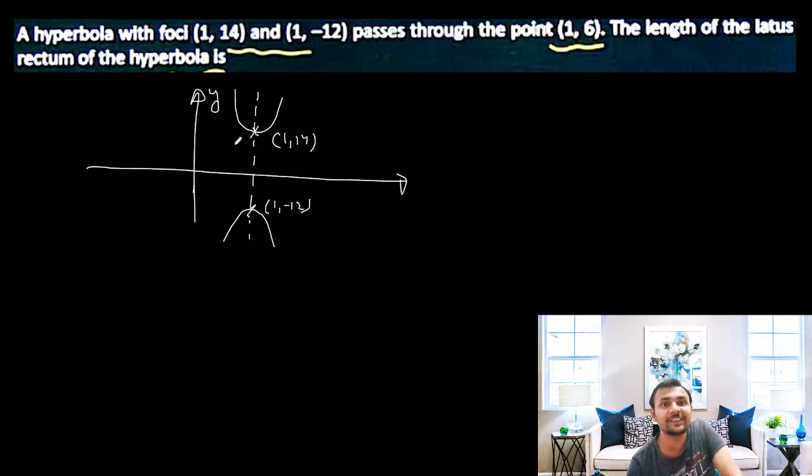So this is a focus, and it passes through 1, 6. So 1, 6 could be here or could be here. Now you see, 2ae is nothing but 26, so ae is 13.